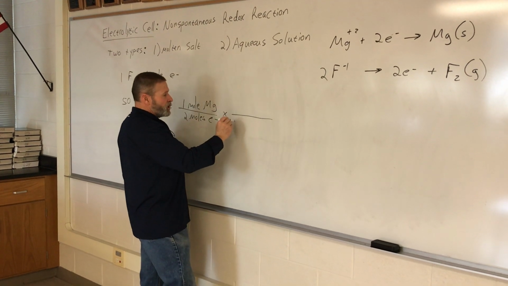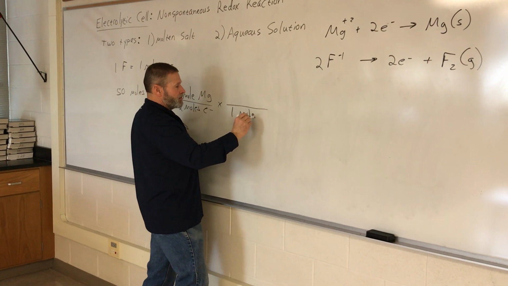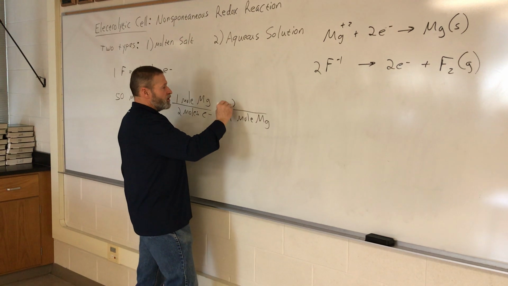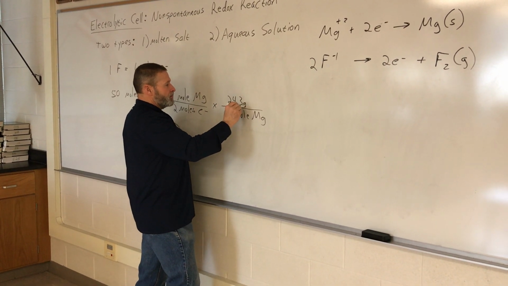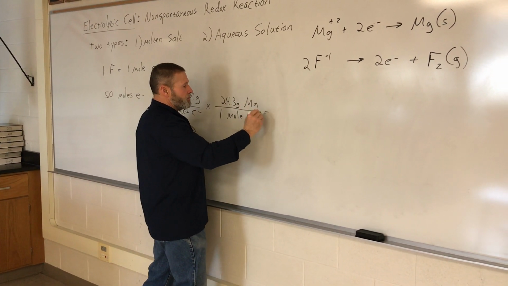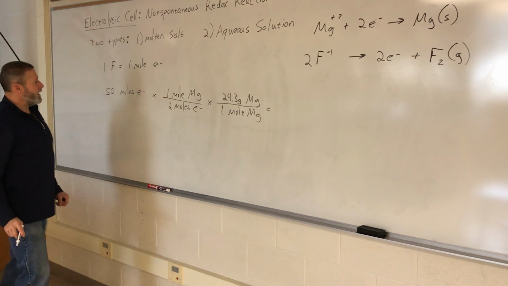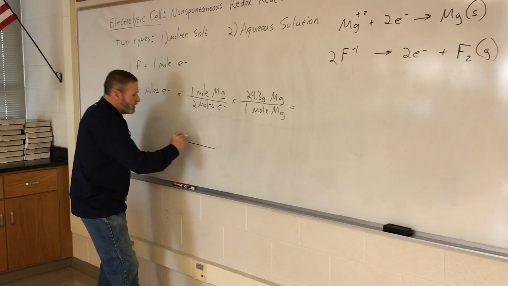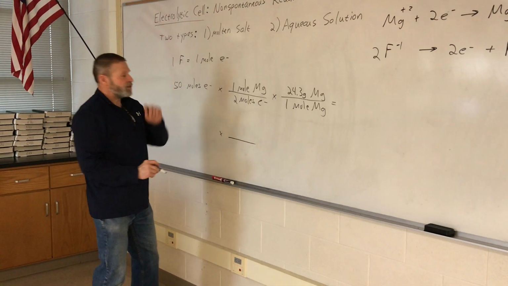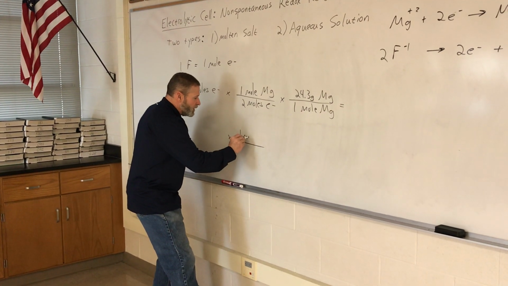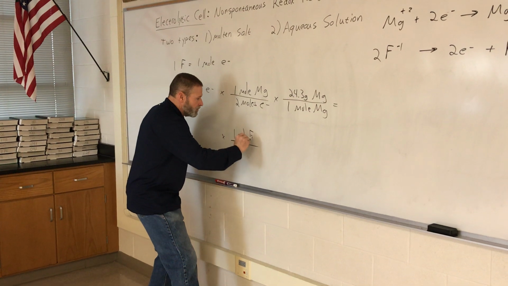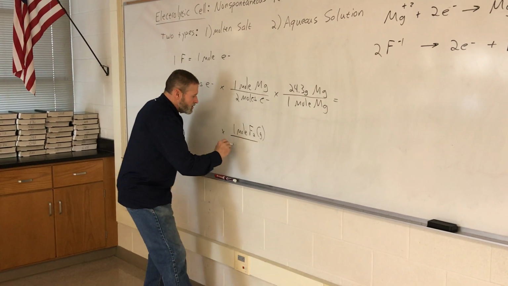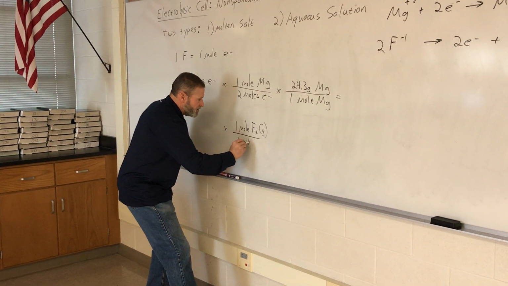And I can easily change from moles to grams. And similarly, we do the same thing with the fluorine. Looks like to make 1 mole of F2 gas, it's going to take 2 moles of electrons.